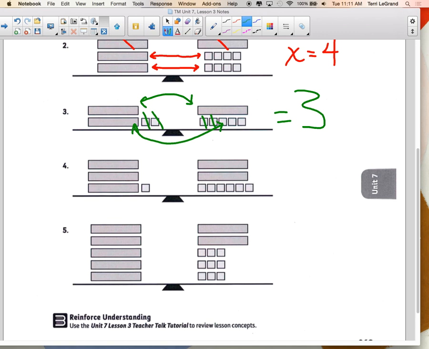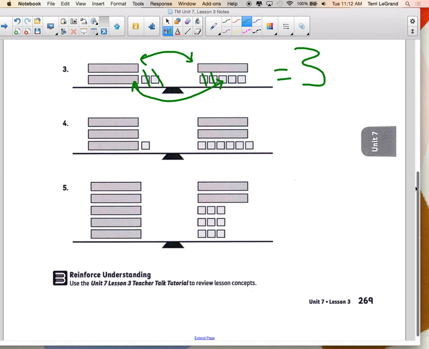An x tile arrow to another x tile, an x tile arrow to 3 unit tiles, they don't look alike. So are you sure we're convinced that that's okay? Oh my goodness. Anybody please, I need help.